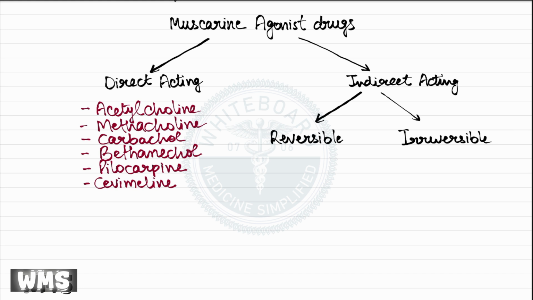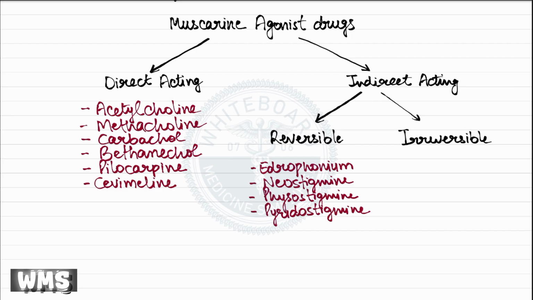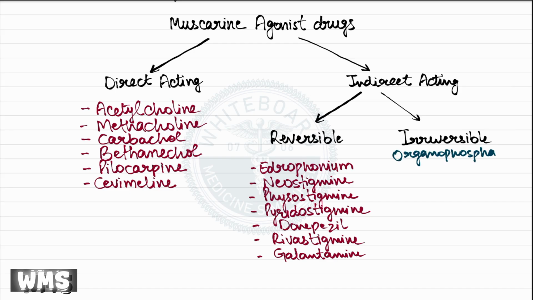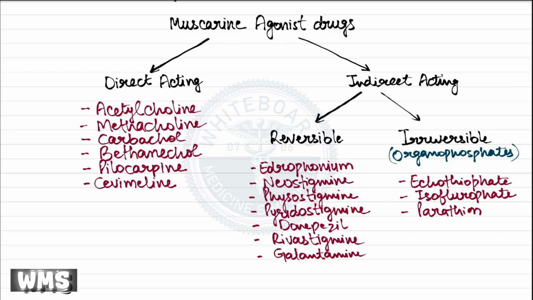So reversible inhibitors include edrophonium, neostigmine, physostigmine, pyridostigmine, donepezil, rivastigmine, and galantamine. Irreversible inhibitors include organophosphates such as ecothiopate, isoflurophate, parathion, malathion, and sarin.